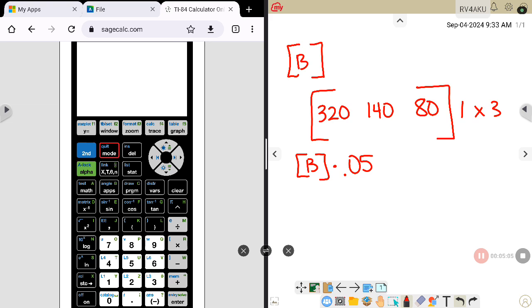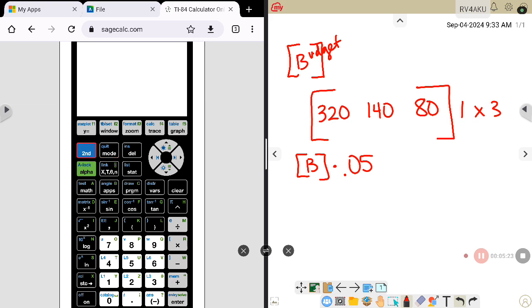Okay, now this is going to be kind of confusing because we're calling it B for budget, but we actually stored that in matrix A in the calculator. So I want to know what I just stored in the calculator times 0.05.